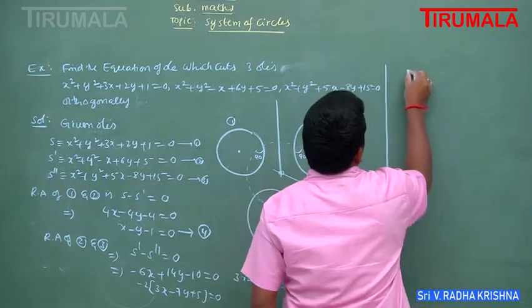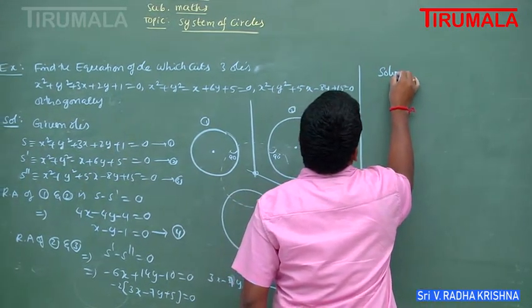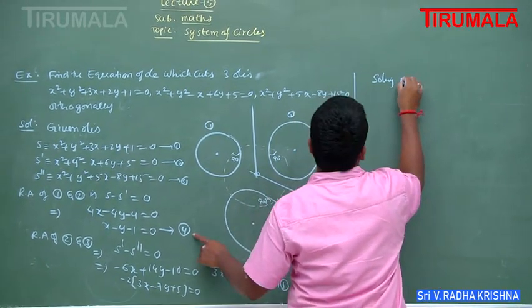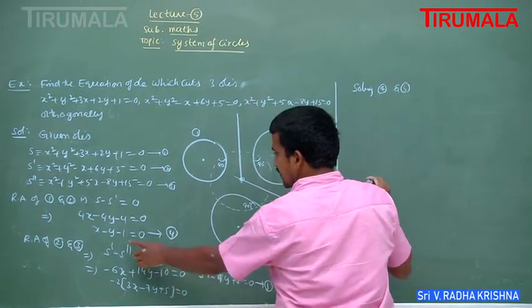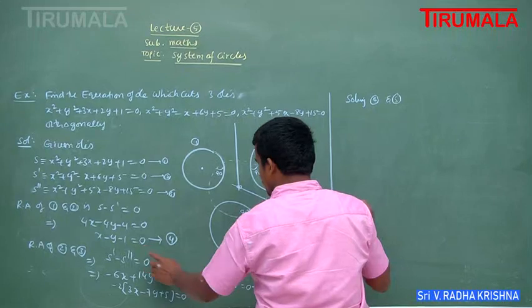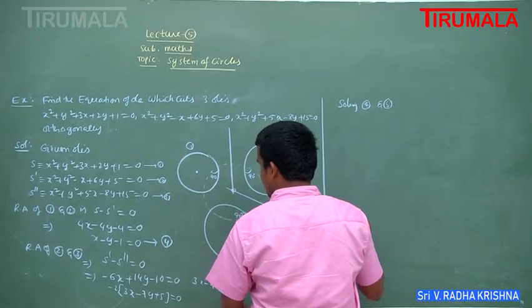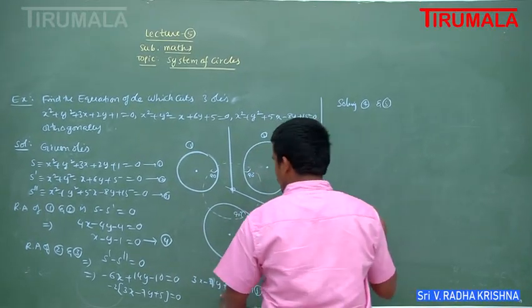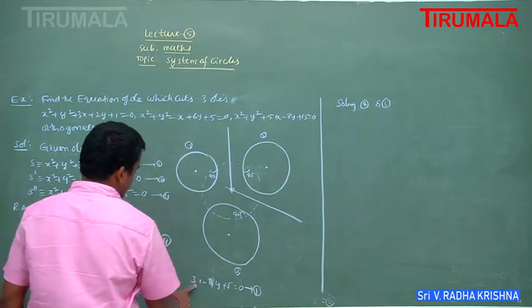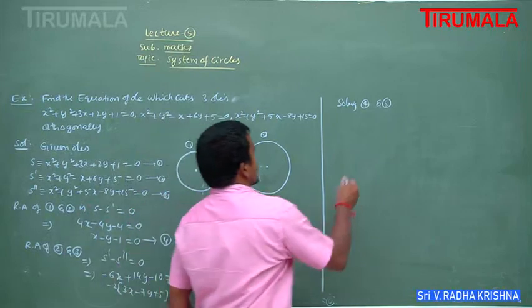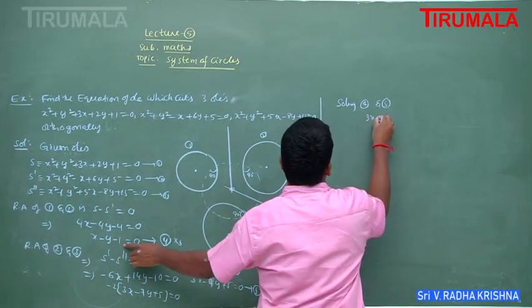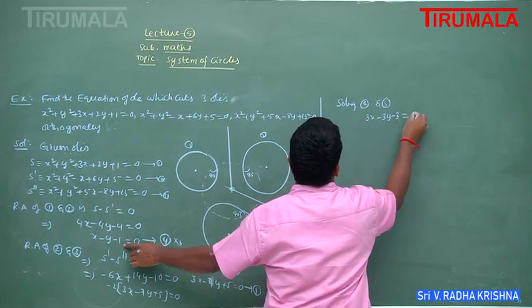Now solving radical axis number 4 and 5. So 4 and 5 here: x minus y minus 1 equal to 0, and 3x minus 7y plus 5 equal to 0. Equation number 4, multiplying by 3, is 3x minus 3y minus 3 equal to 0.